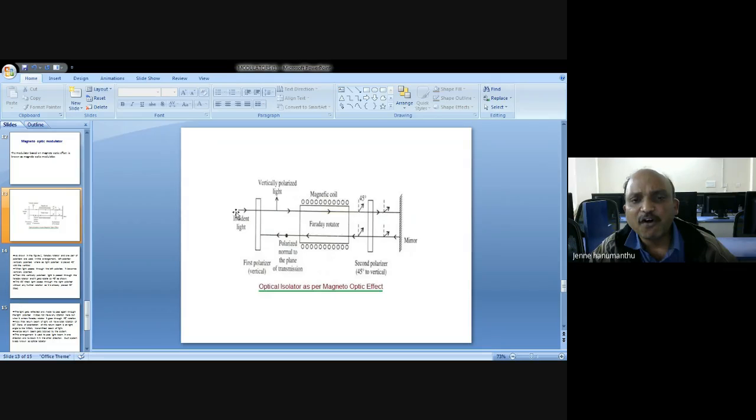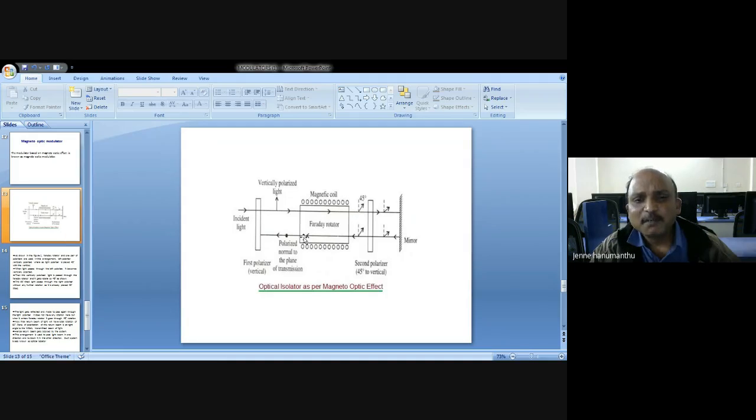So when the light falls on the optical medium and this Faraday rotator, it will deflect by 45 degrees. And already we have another 45 degrees. So the incident light and the output polarized light are at a right angle.